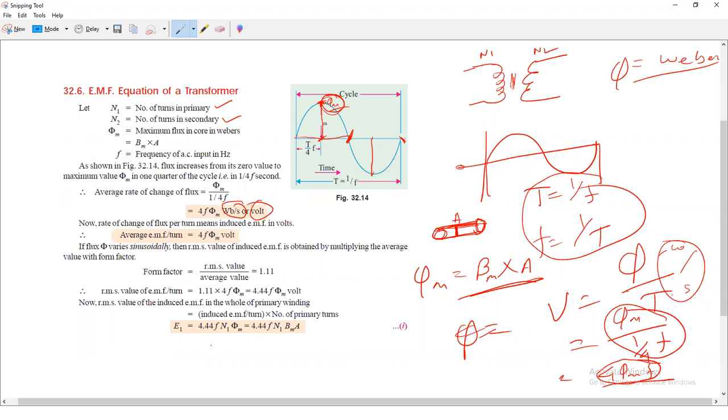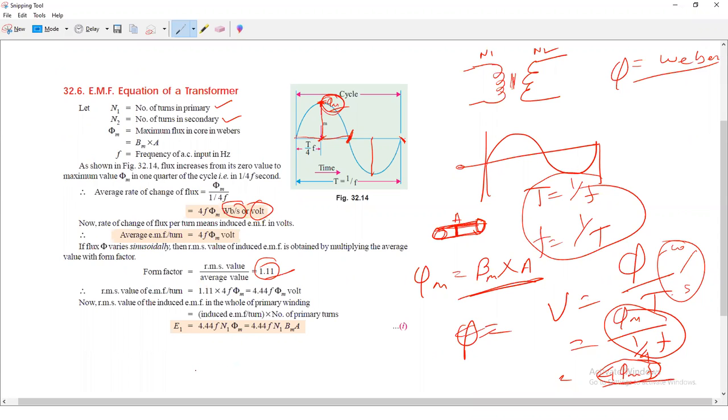So you know that our form factor is the AC. So we need the form factor. Form factor is fixed. Form factor means RMS value by average value, which is equal to 1.11. This is fixed.